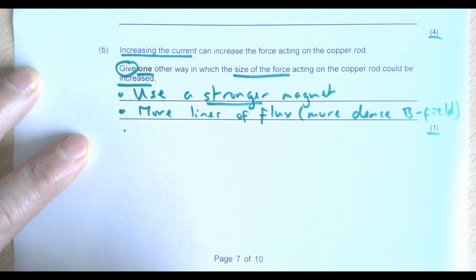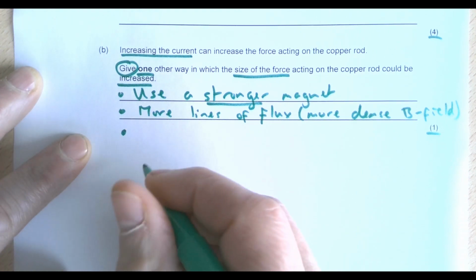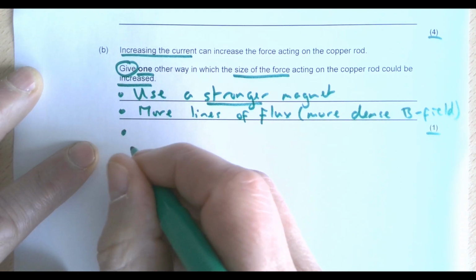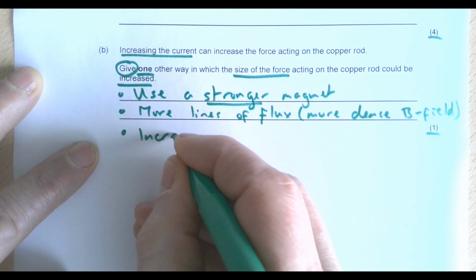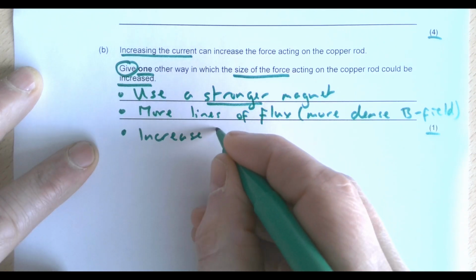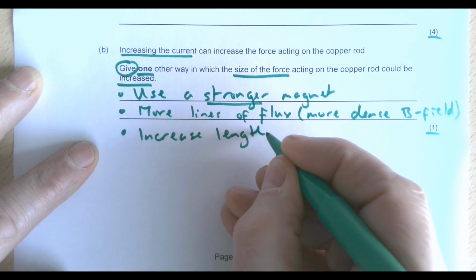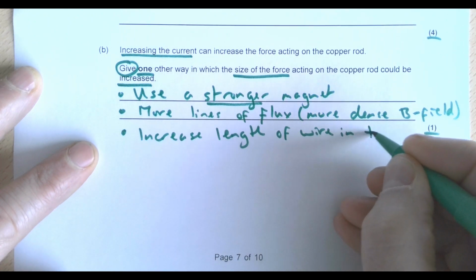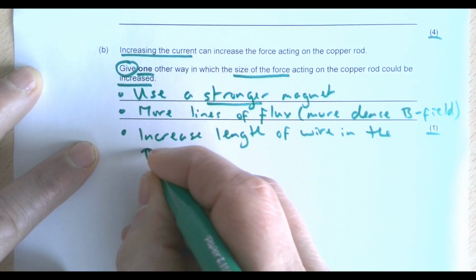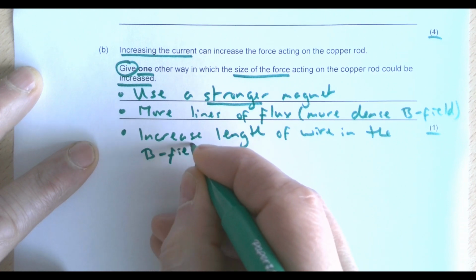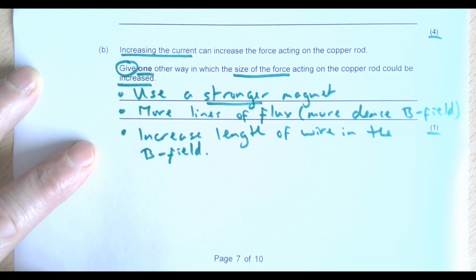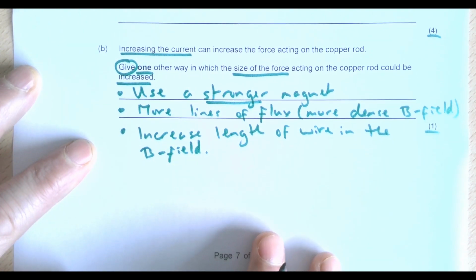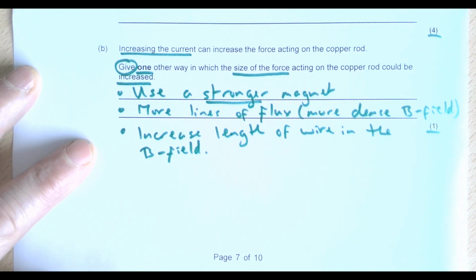I could increase the length of the wire in the B field, the magnetic field. Make sure it's in the magnetic field. There's no point, the length of wire outside the magnetic field will have no effect at all.